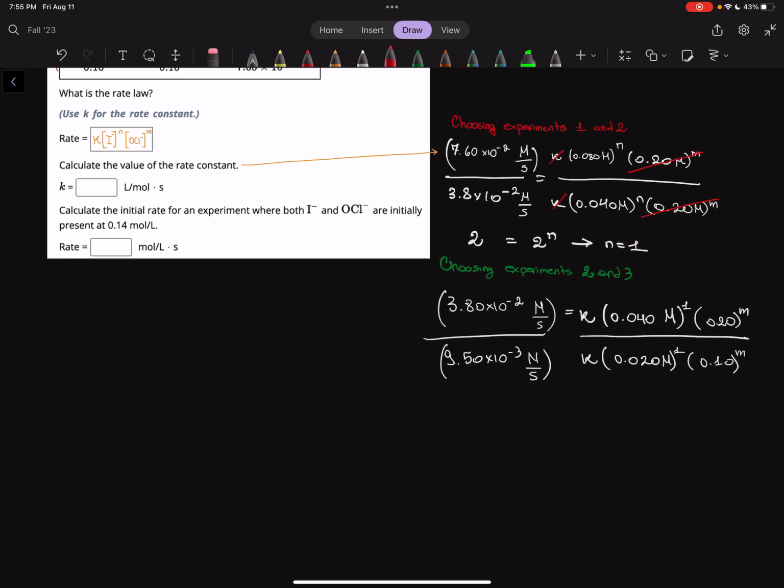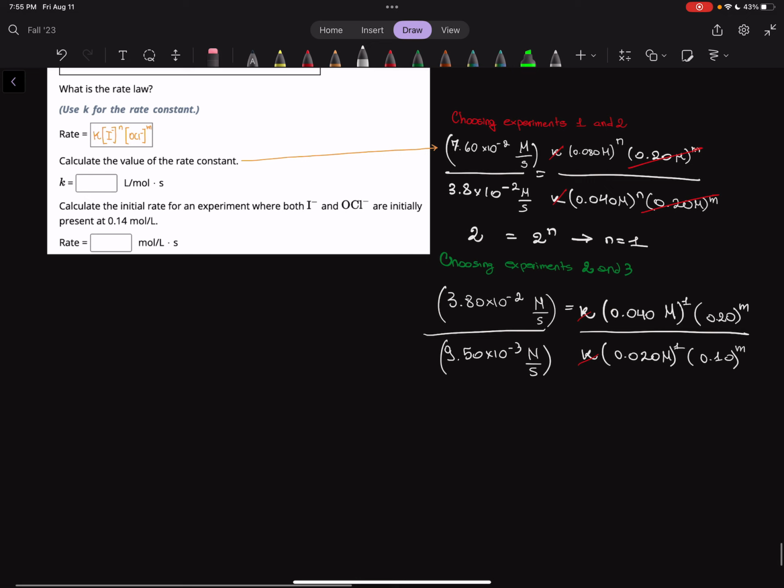And so now what's going to happen? Well, this is going to cancel out. I am going to use 3.8 times 10 to the negative 2, and now I'm going to divide by 9.5 times 10 to the negative 3. And we get 4.